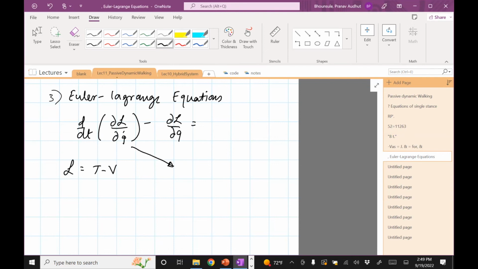Here, Q is going to be X, Y, theta 1, theta 2. And so what you need to do is add to this what they call Lagrange multipliers: the transpose of the derivative of C1 with respect to Q, times lambda C1, plus the transpose of the derivative of C2 with respect to Q, times lambda C2.